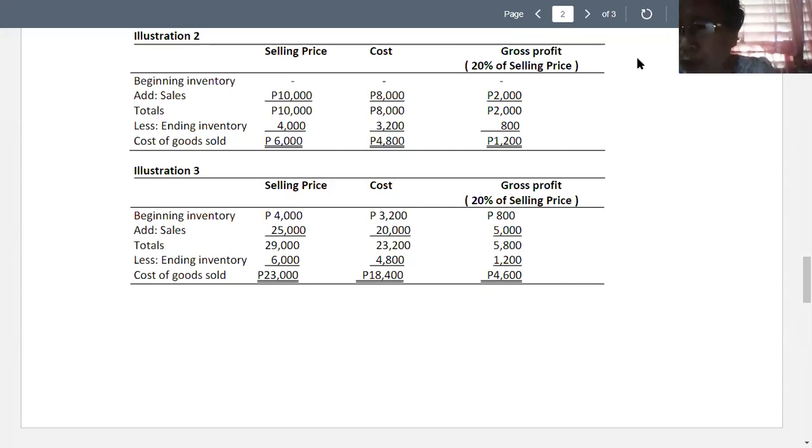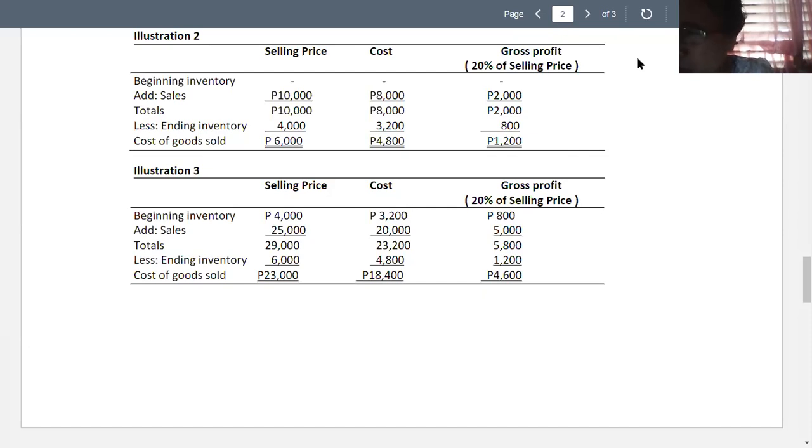So, we now go to the consolidated comprehensive income computed and allocated on December 31, 2017.